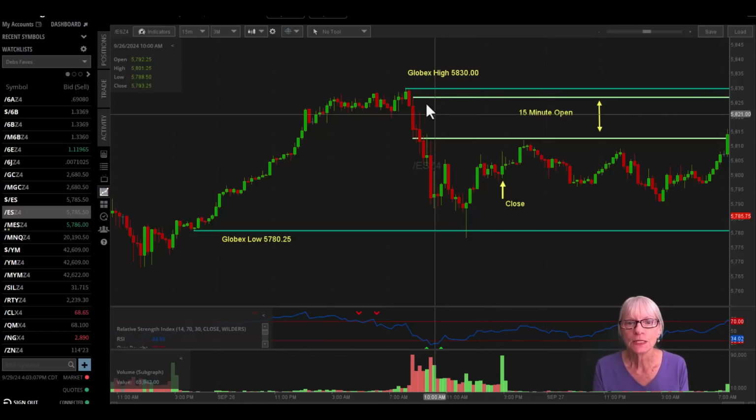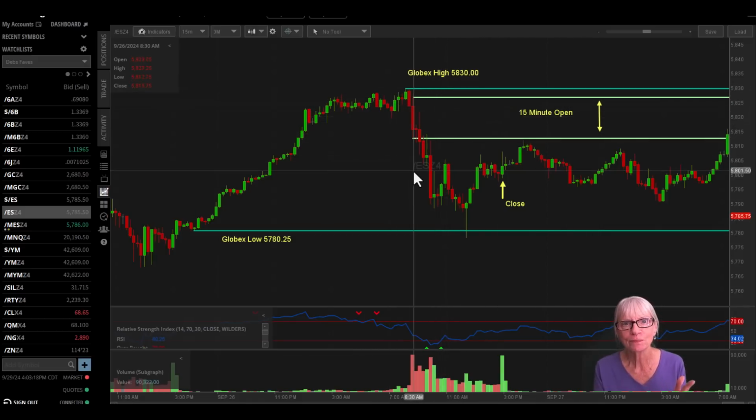Then, in the morning, you mark out your first 15-minute candle. I have that indicated here with the arrows, and that's what we're going to be watching. Even though the S&P was up, it opened at about 58.23, so about 40 points. But look at this first 15-minute candle.